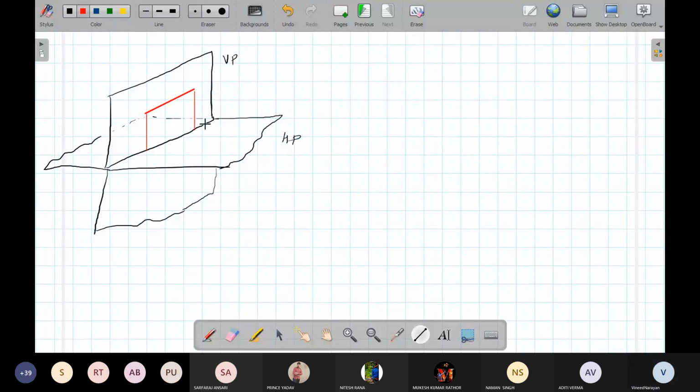I said earlier 30 centimeter, but it's mm. So you can give the name A dash, B dash. Its projection also will be A dash, B dash because it's lying on VP, the vertical plane.